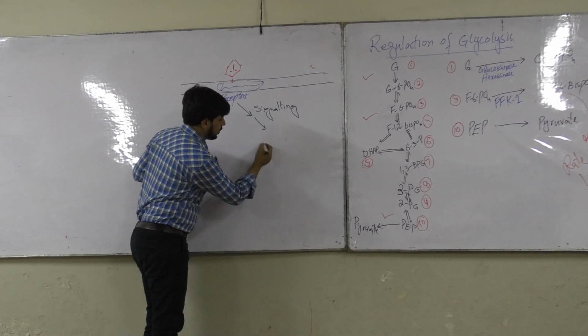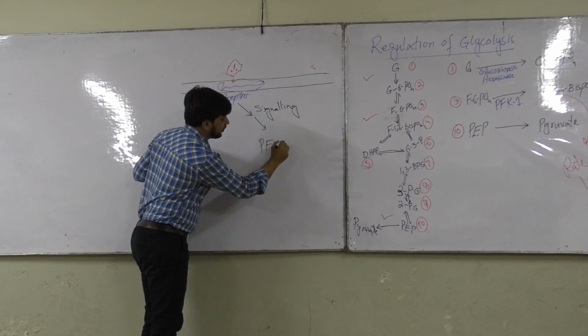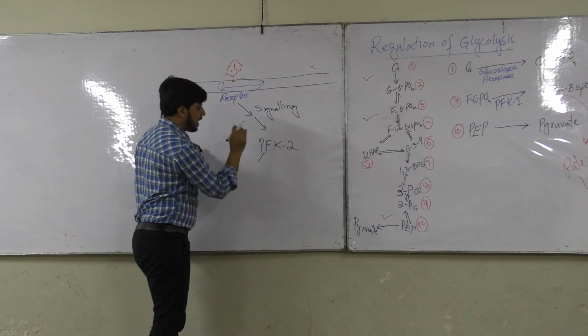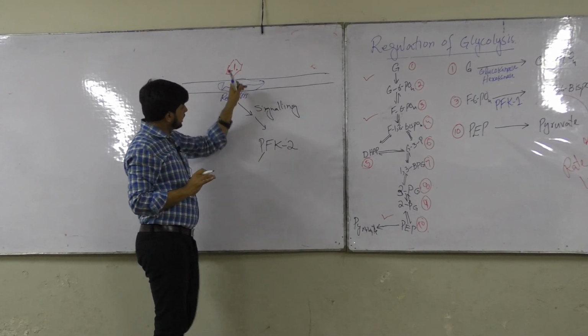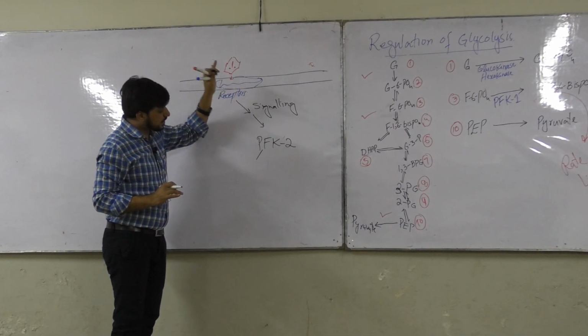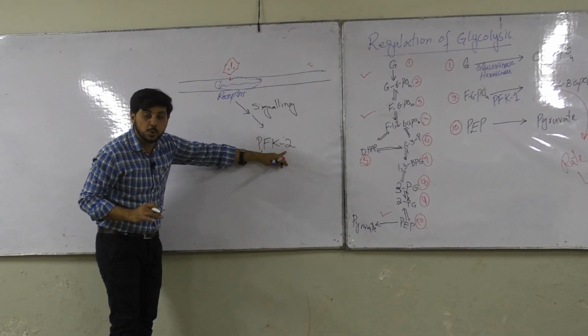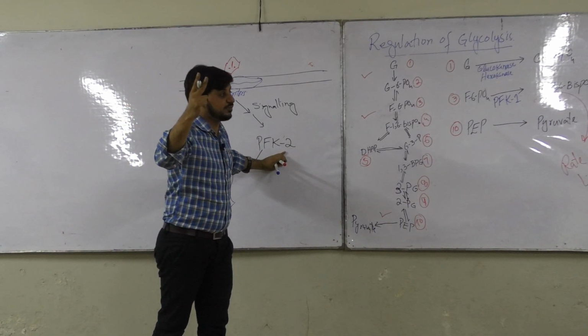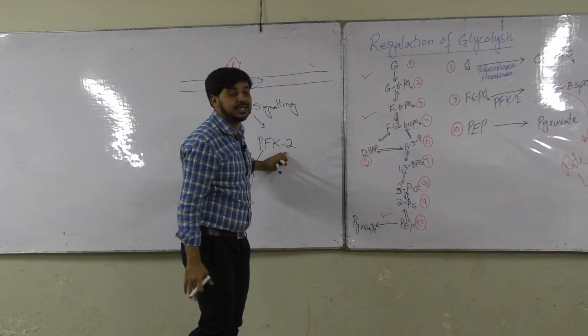Suppose this is the phosphofructokinase 2 enzyme. When the insulin binds with the receptor, it sends a signal towards phosphofructokinase 2, which has two domains: number one the phosphatase domain and number two the kinase domain.